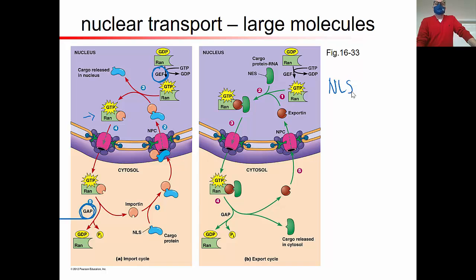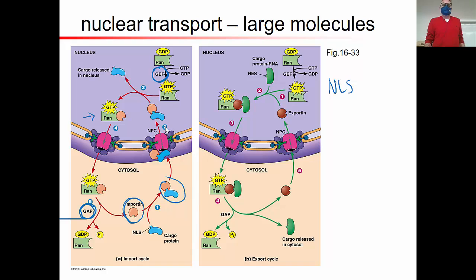And then the nuclear localization sequence will bind to one of a family of proteins called importins. Okay, so the importins bind to the nuclear localization sequence, and that whole complex is imported into the nucleus.